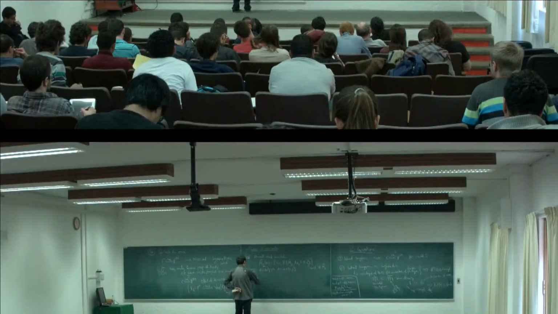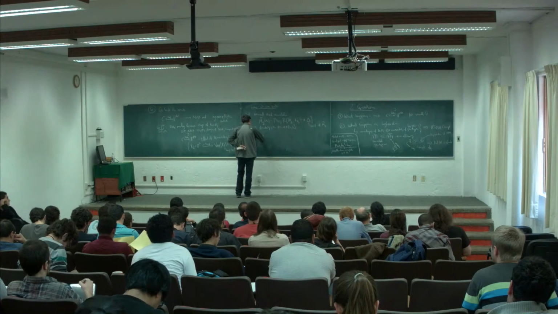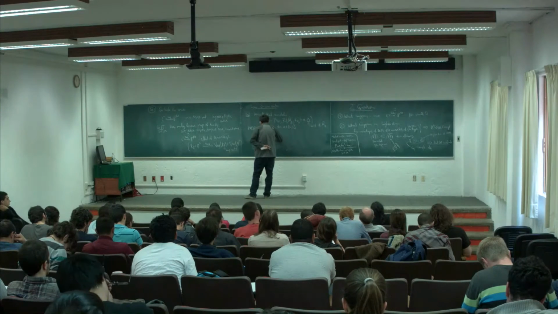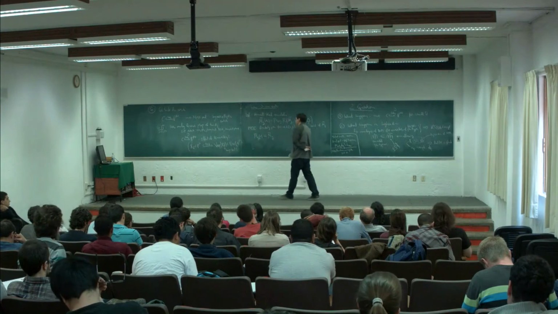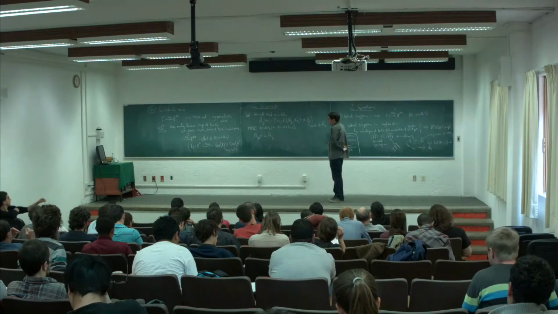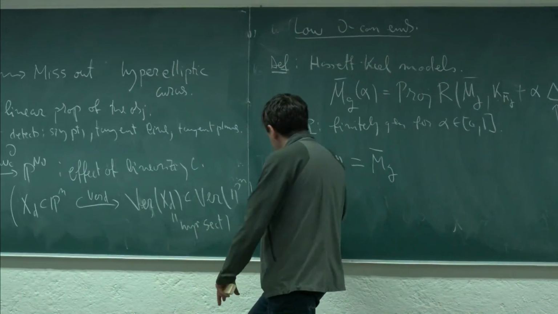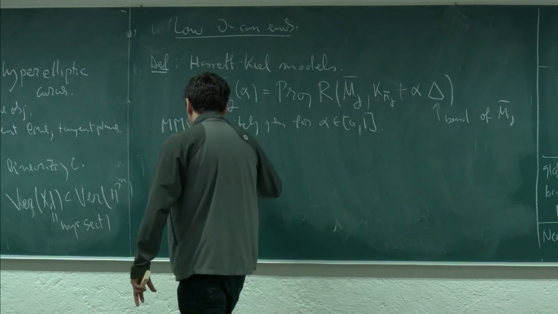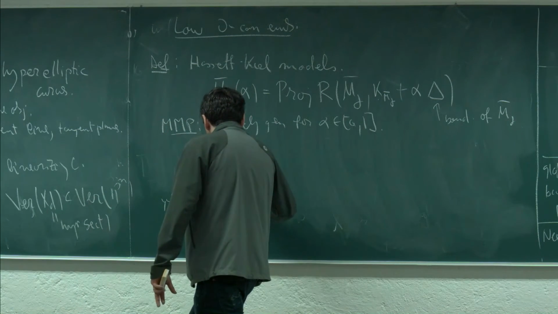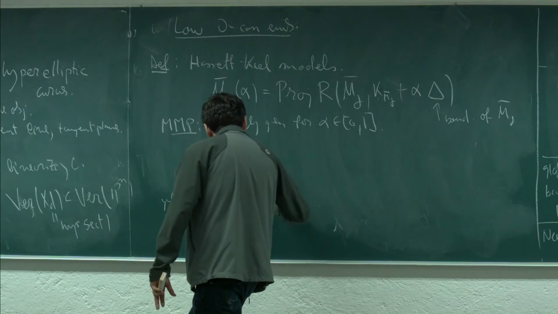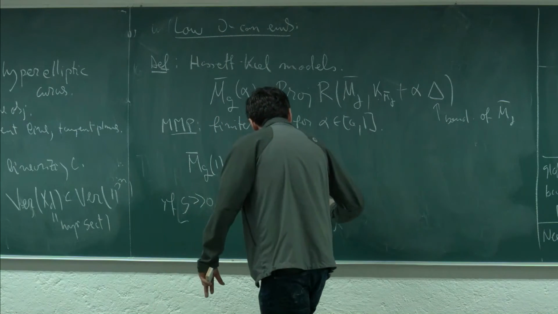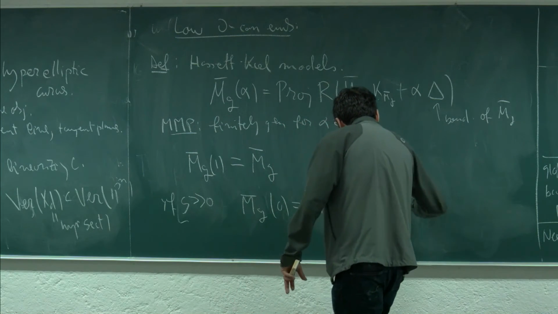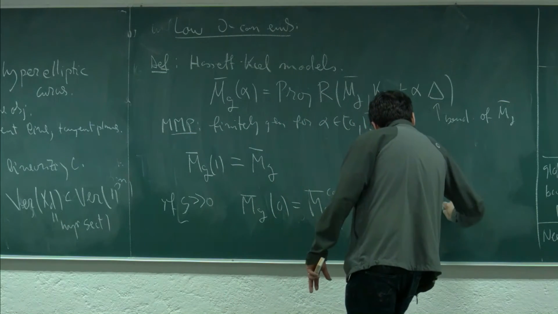It is a basic fact, which might have been discussed here, that M_g bar of 1 is just, by definition, M_g bar. If g is large enough, 23, 24 suffices, then M_g bar of 0 is M_g bar canonical, which means Proj of the ring of canonical sections of M_g bar.